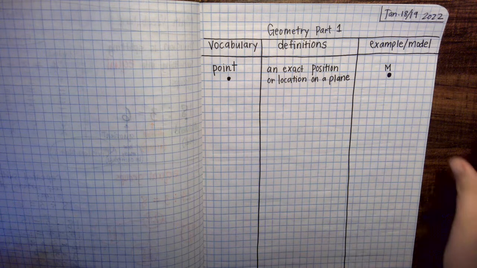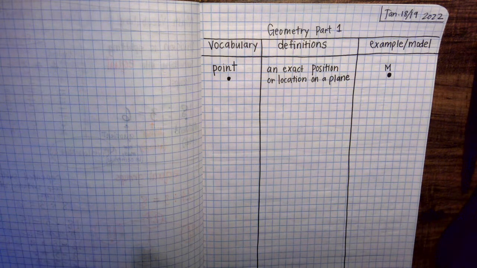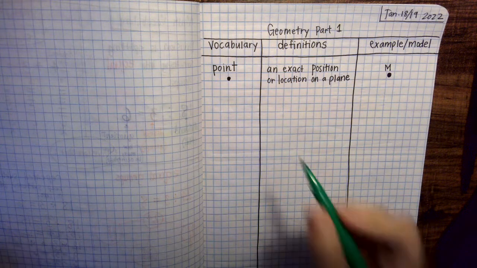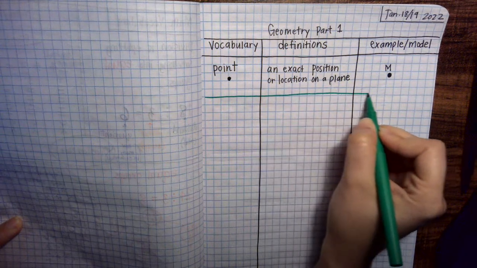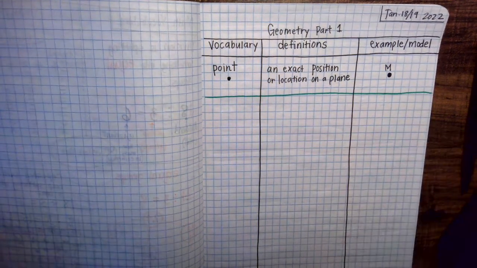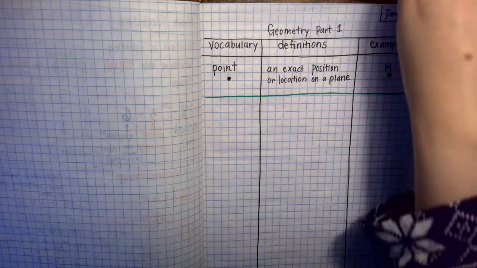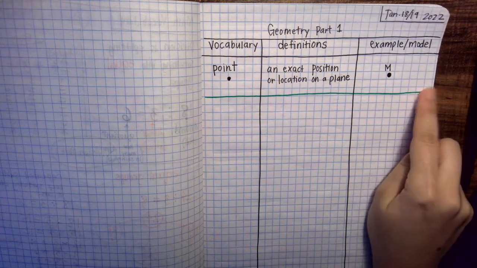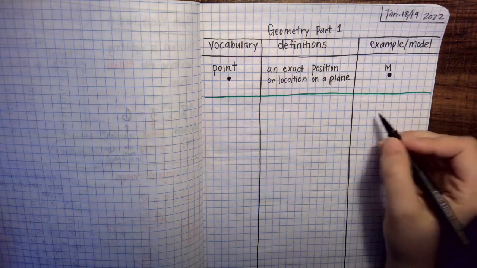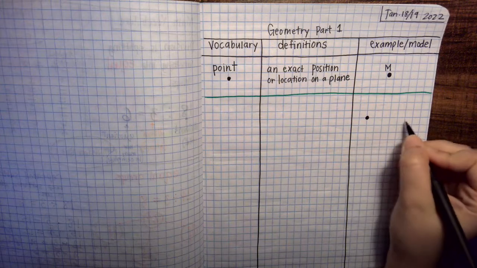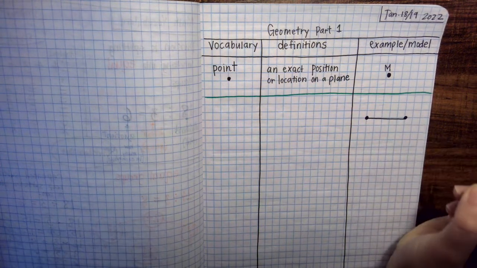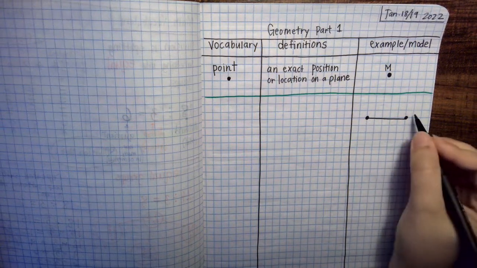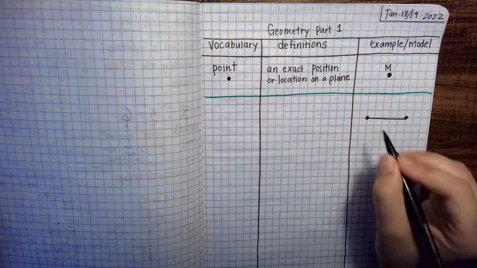Now we're going to move on to our next vocabulary word. So I'm going to draw a little line to separate it. And you're probably thinking, well, the next part would be maybe 2 points, right? And you're absolutely correct. So I'm going to start over here, and I'm going to draw those 2 points. And when those 2 points are connected, 2 endpoints, we would call them, that's a line segment.